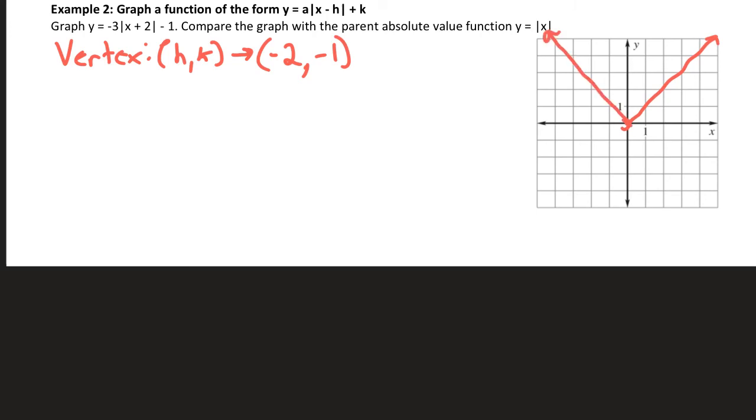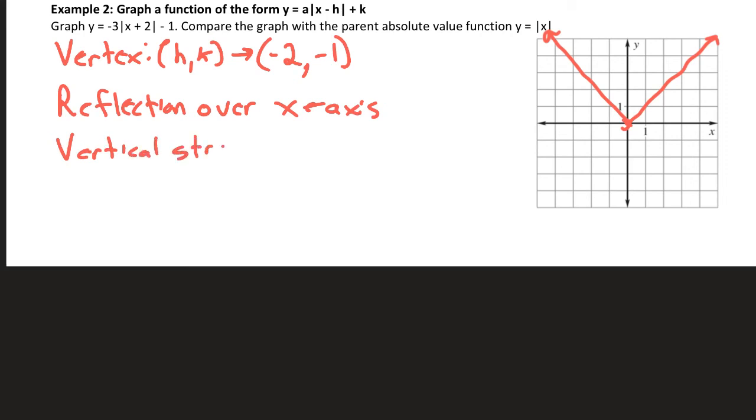So from what we did before, we should know that there's 2 transformations that we can identify here. This is a reflection first. It's a reflection over the x-axis because that's a -3 there. And it is a vertical stretch by a factor of 3.